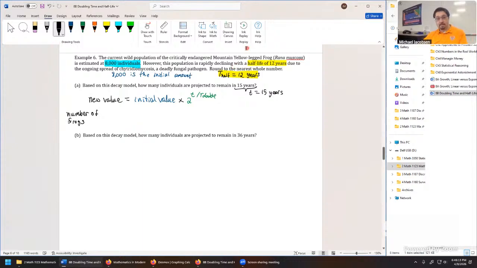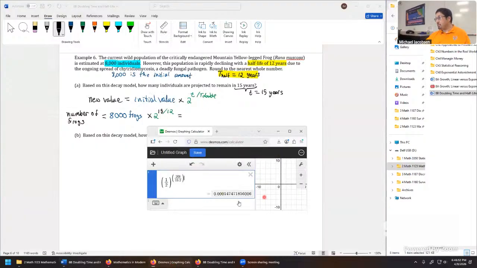Again, the specific species, the mountain yellow-legged frog, is going to be the initial amount, 8,000 frogs, multiplied by fractional decay rate, which is 2 to the power of the number of years that have gone by, 15, divided by the half-life of 12 years, telling us a little bit more than one half-life has gone by. And this will give us the population size at this time.